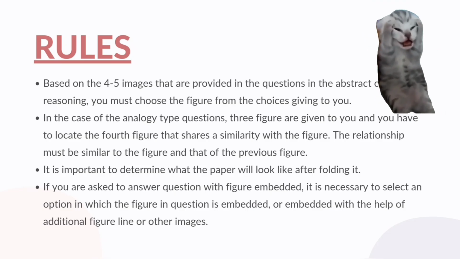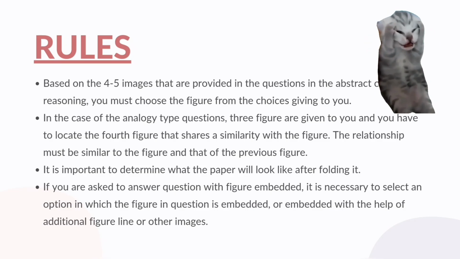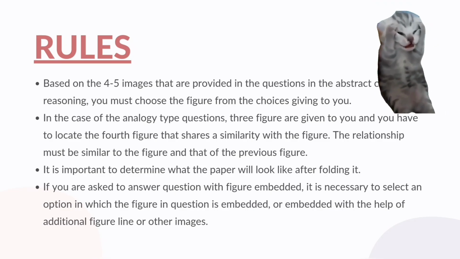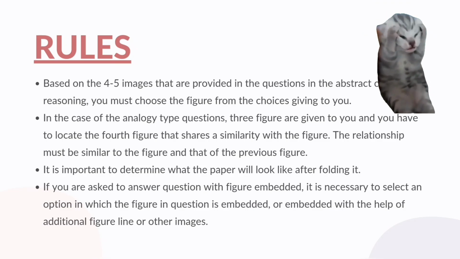It is important to determine what the paper will look like after folding it. For folding questions, for example, if the paper is given, it is not a square. If they are folding, then what is the shape given?